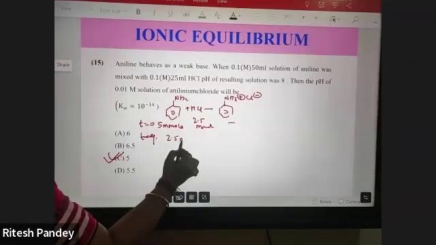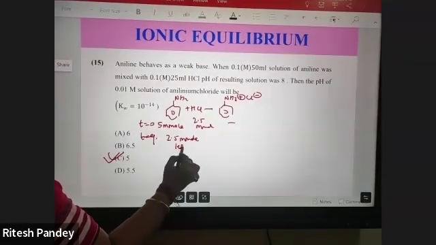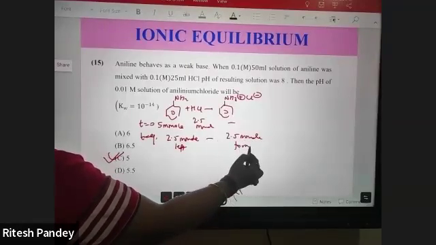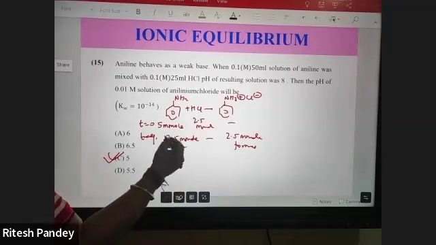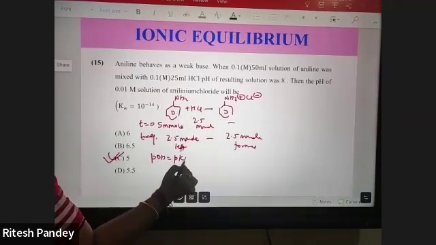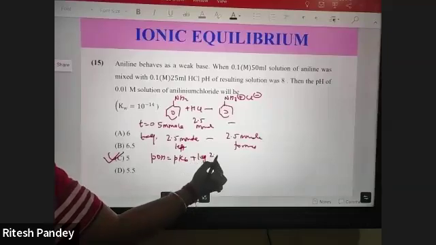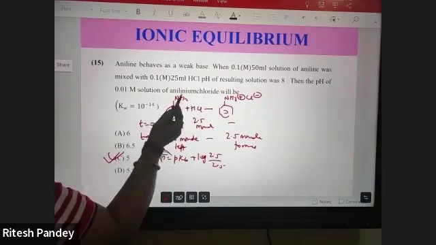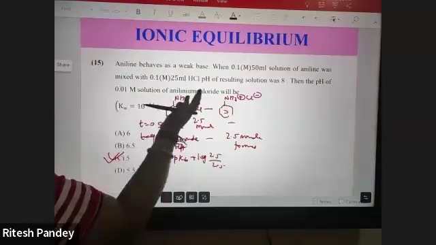This will be 2.5 millimole left, and this will be 2.5 millimole formed. So if this is a particular setup of a basic buffer, I believe pOH will be equal to pKb, and naturally log 2.5 will get cancelled out. They tell you the pH is equal to 8.